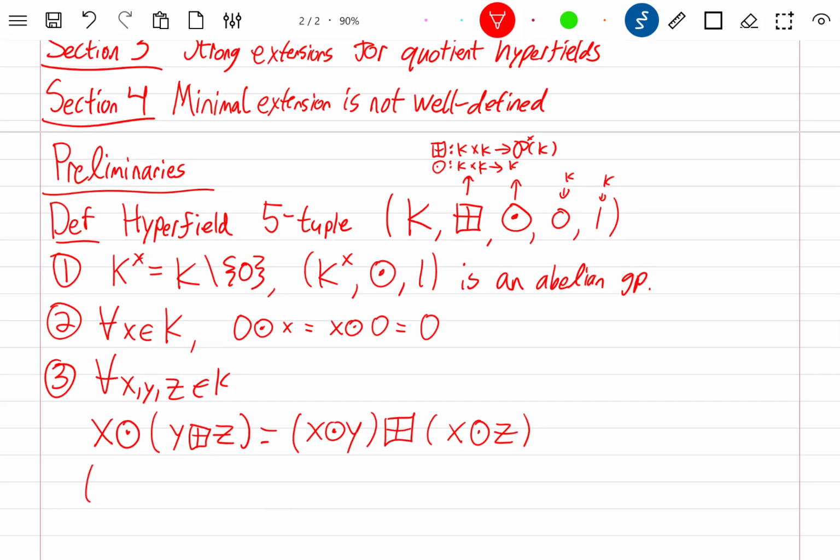And similarly, (x plus y) times z should be x times z plus y times z.